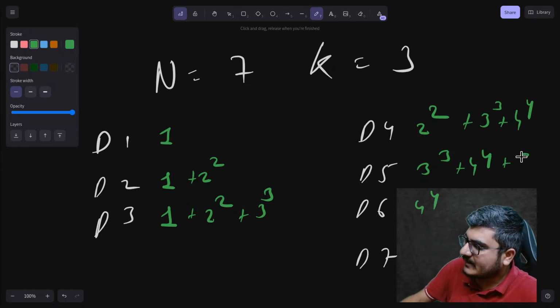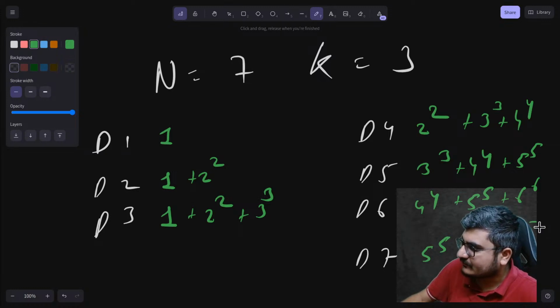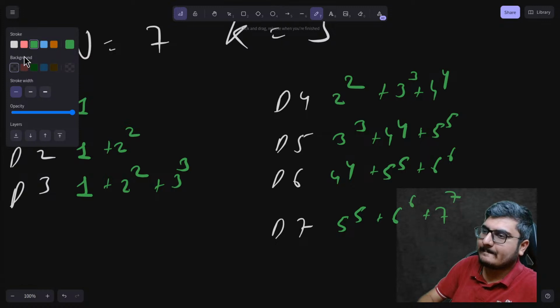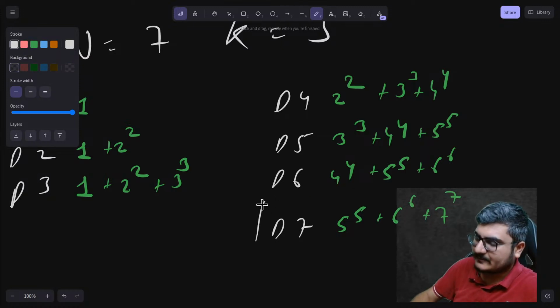On the fifth day, 5 to the power 5 leaves. On the sixth day, 6 to the power 6 leaves. And on the seventh day, 7 to the power 7 leaves. And this is what we need, right? We have to print whether this value is odd or even.